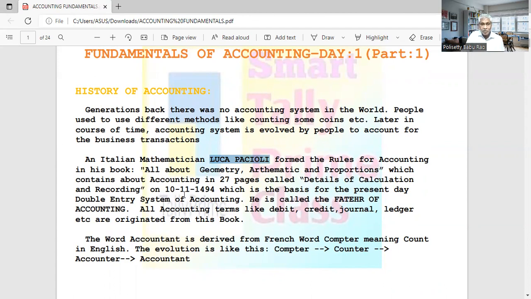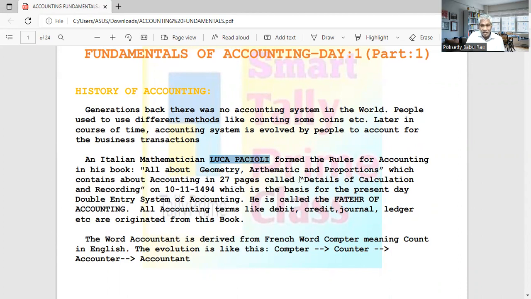In that book, he mentioned the accounting system in 27 pages. In 27 pages, he wrote about the accounting system relating to that period, details of calculation and recording in 1494. That is the basis for the present day accounting system, called the double entry system of accounting.